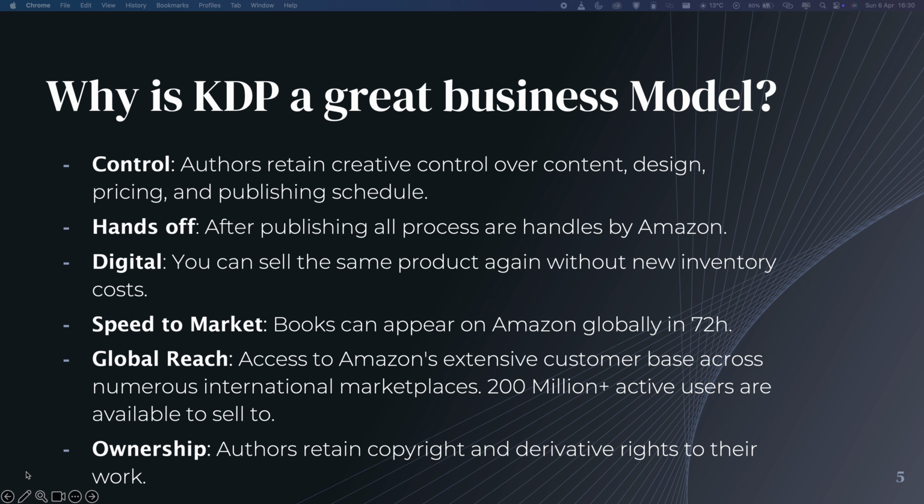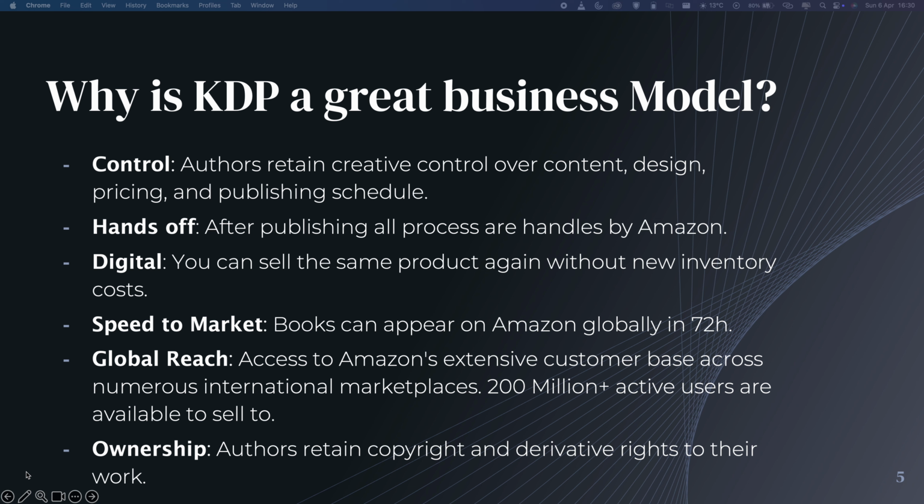You are able to reach over 200 million active customers all around the world, and they already trust Amazon, and Amazon is able to show them your product with paid ads. A big benefit is to own your copyrights of your book, which is not normal for regular traditional publishing.